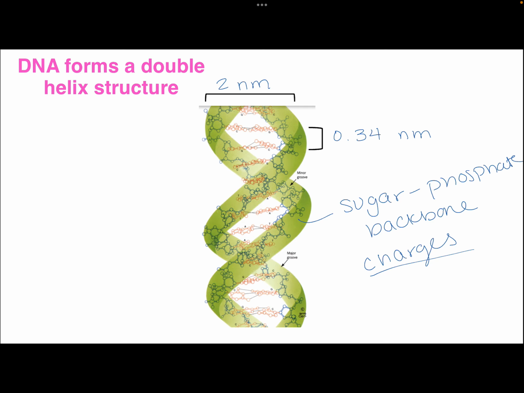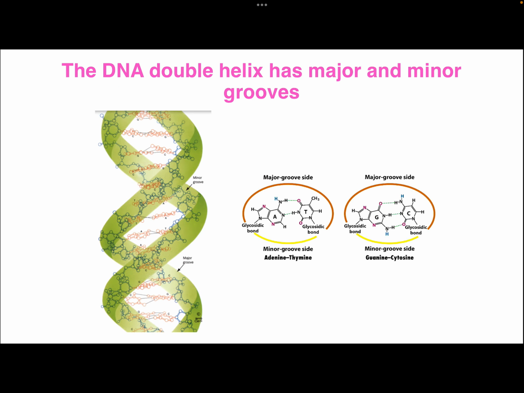All right, so that's kind of the basic structure of DNA. But let's look at this a little bit more closely. You might notice that just because of the way that the strands of the DNA wrap around each other, we have these more open regions and these more closed off regions. And this open region, there's a name for that.